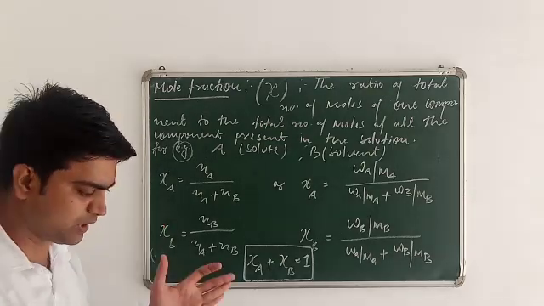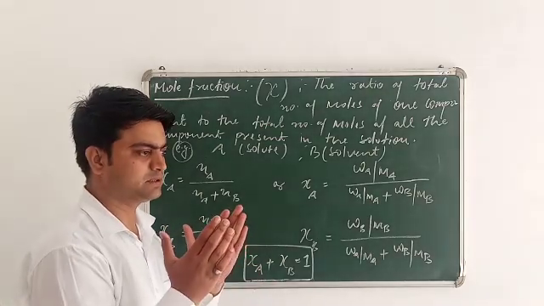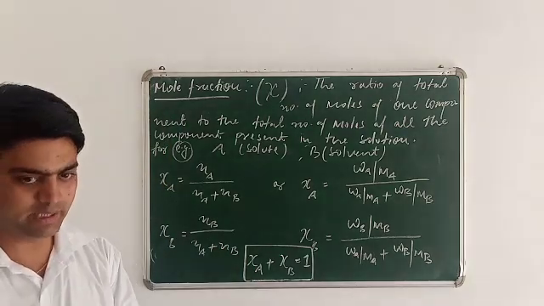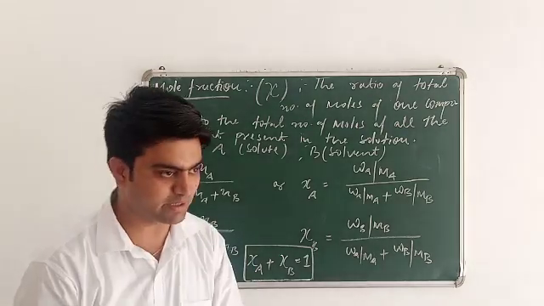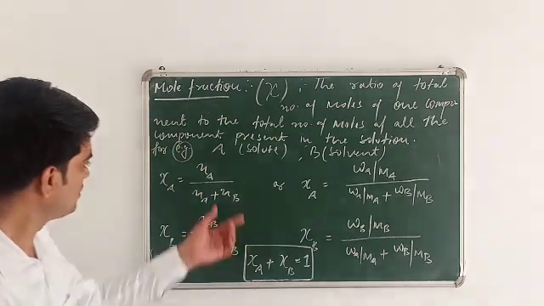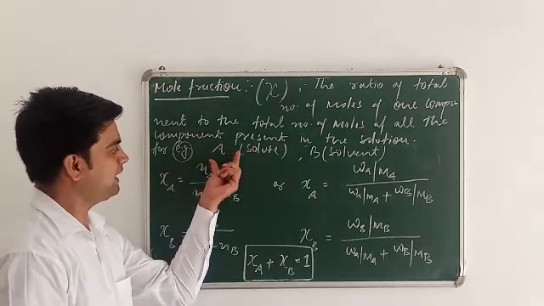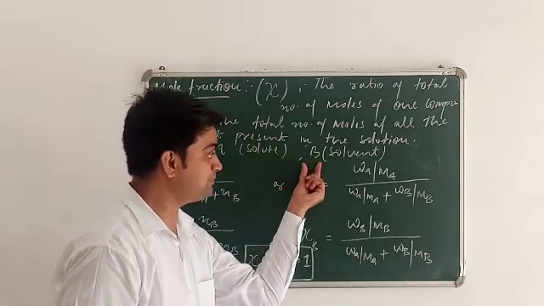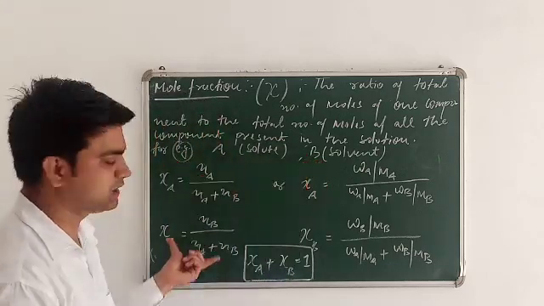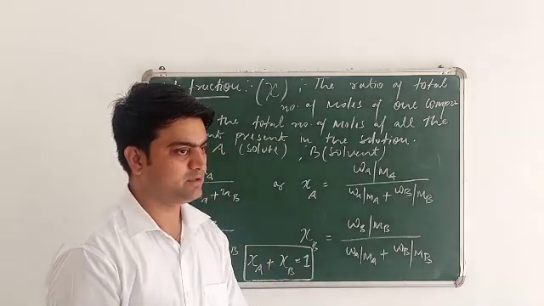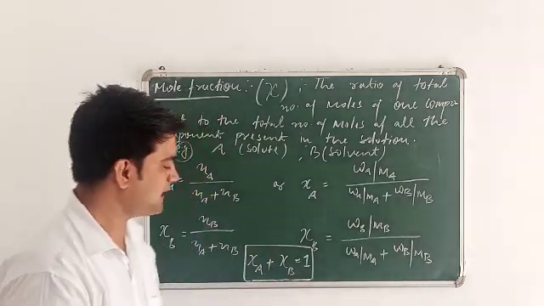Suppose you know already that in a binary solution there are two types of components, that is the solute and solvent. Clear? So if the solute is mentioned here as A and solvent as B, you have to write the mole fraction of solute and solvent one by one like this.